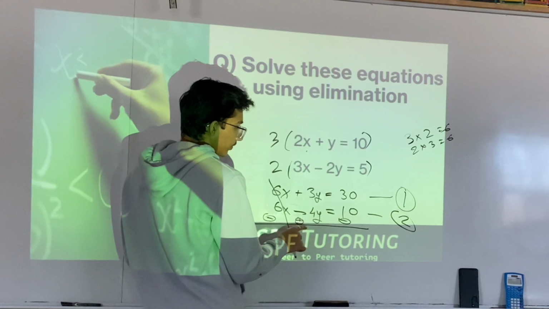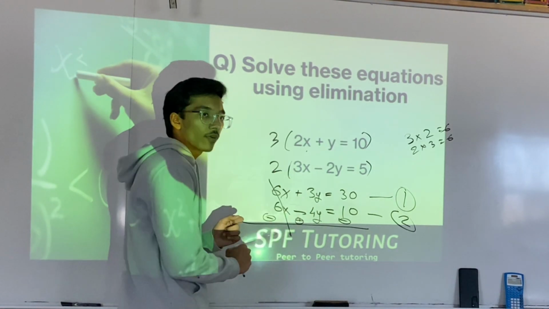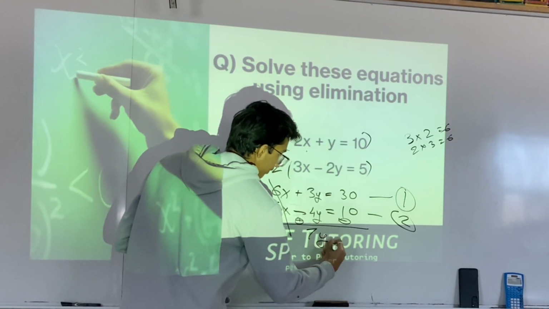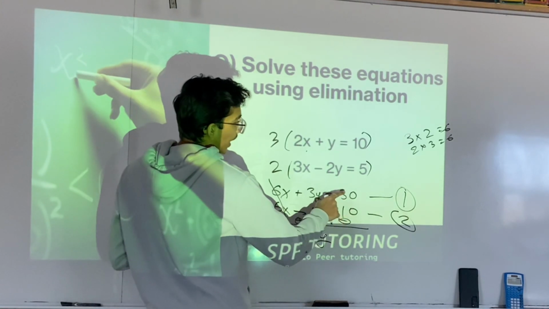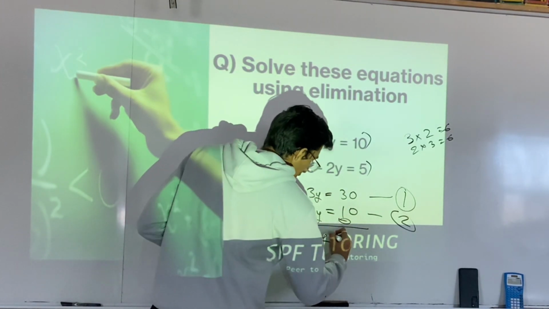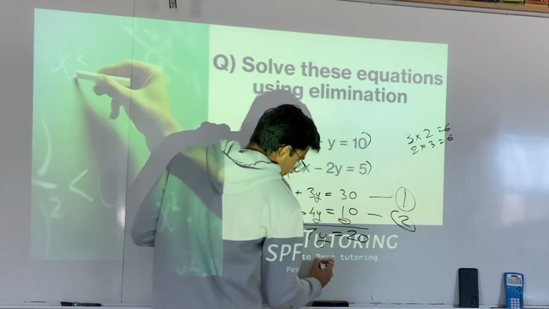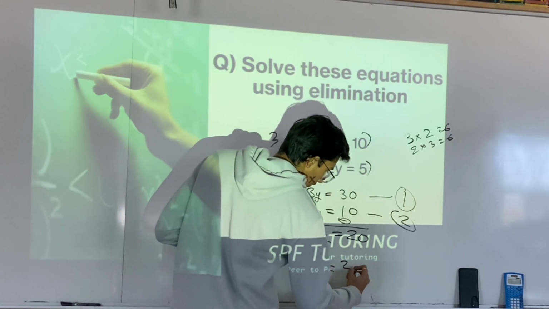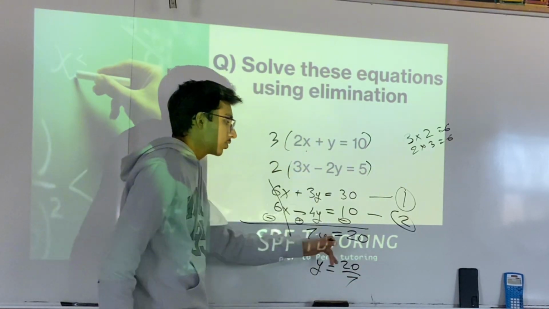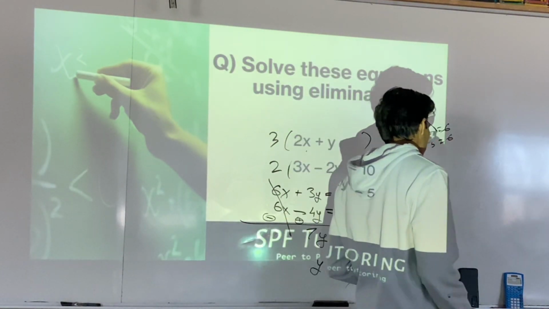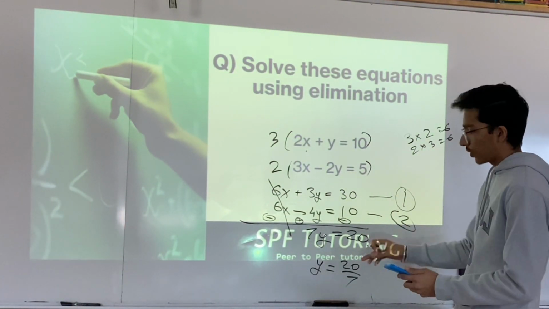Now you have plus 4y and plus 3y, which is 7y. Then you have 30 minus 10, which is 20. So now you solve for y, which is really simple. y equals 20 over 7. How do you do it? You divide both sides by 7. So this side cancels off, and you're left with 20 over 7.